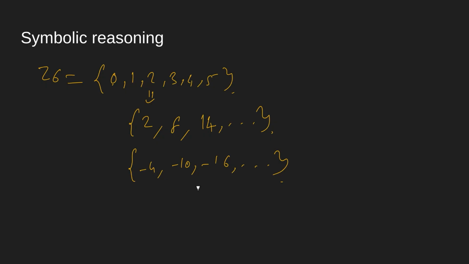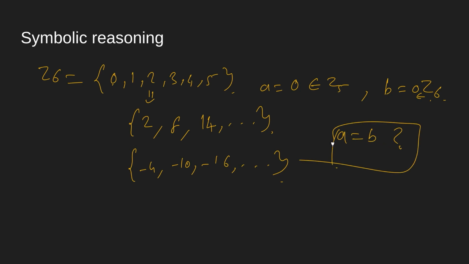So that's a trick. Now the question is whether the 0 which belongs to Z5, let's say A, is equal to the 0 which belongs to Z6, let's say B. Whether A is equal to B. The answer is no, they are not the same.